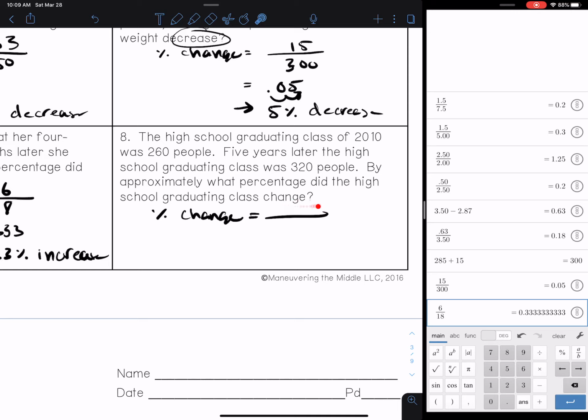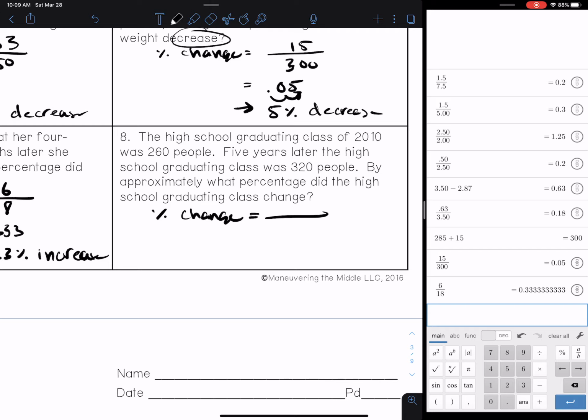How much did it change by? Well, it went from 260 to 320. So subtract those two and you get 60 people changed. How much was the original? So it says in 2010, so that was before the 5 years later. So 260 is the original.